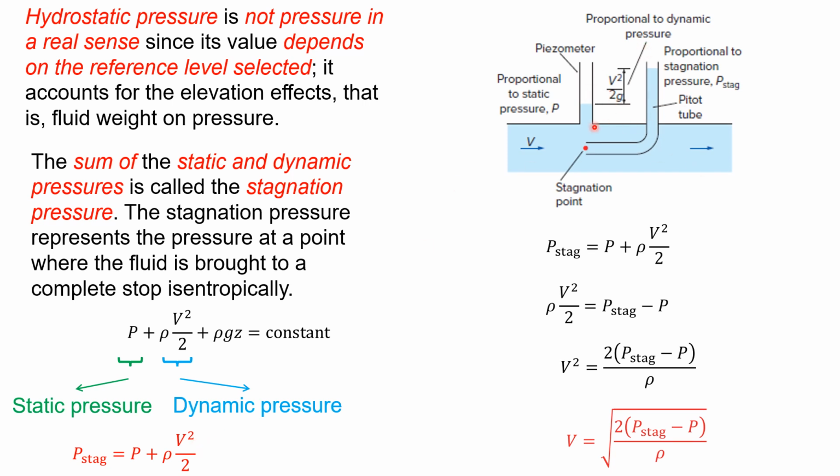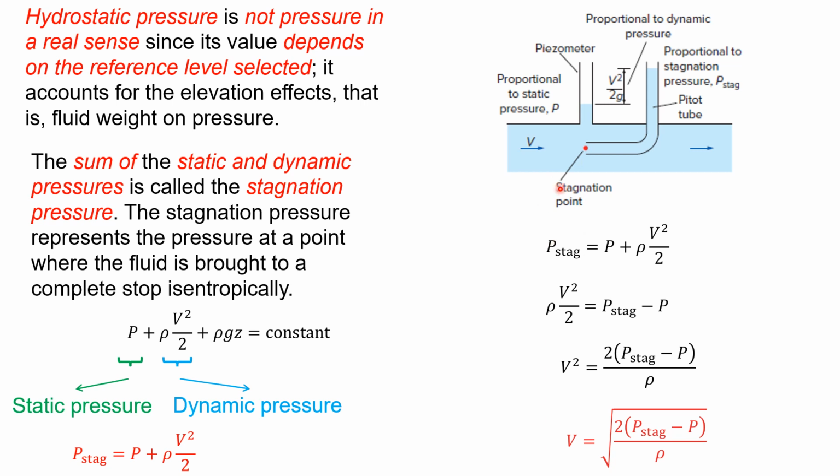So like this, you can see. You have a piezometer to measure the value of P, and you can have a pitot tube. This is the stagnation point, where you measure the changes. You can measure both the static pressure and dynamic pressure at this point, which we call the stagnation point.